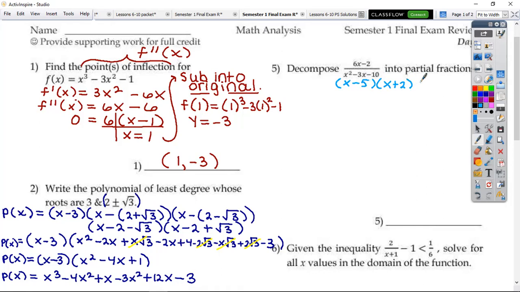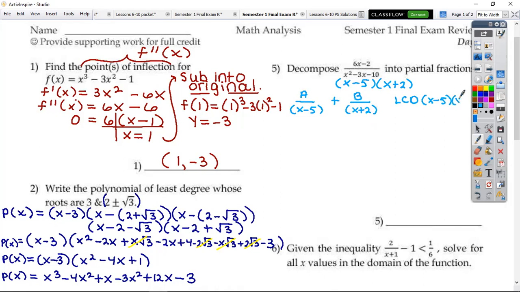Next step is I write this as the sum of 2 fractions. So I go A over x minus 5 plus B over x plus 2. My least common denominator is 1 of each factor.